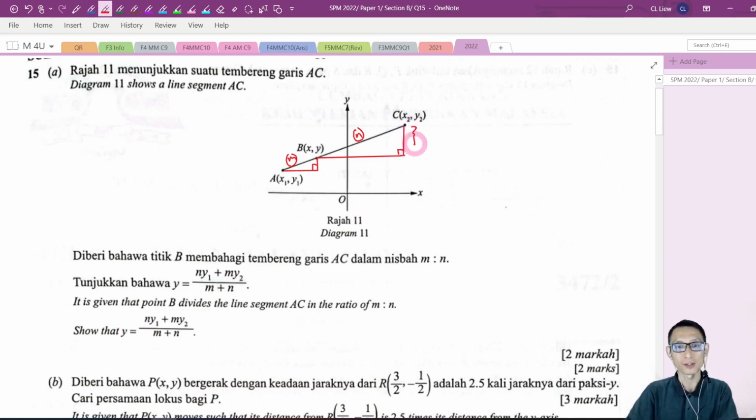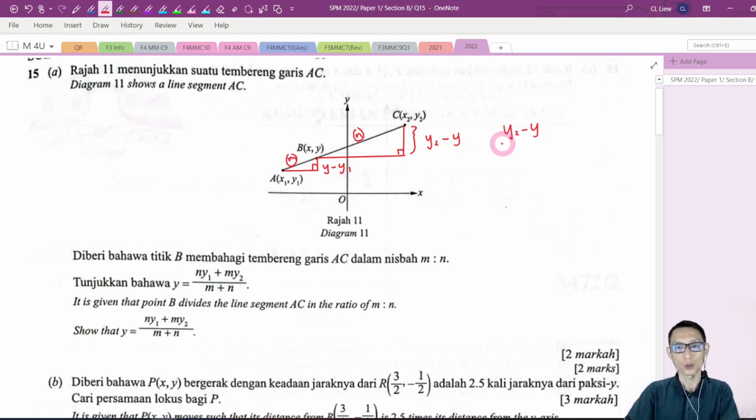So how do we get the distance here? This is y2 minus y, right? You will get the length here. How about this length here? y minus y1, right? Okay, now I can start to form an equation.